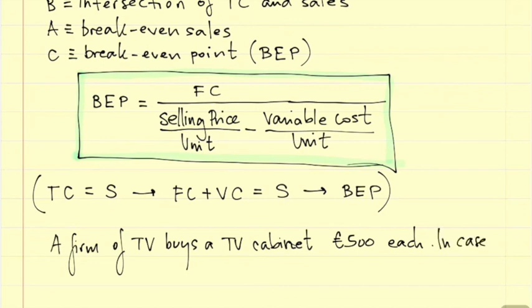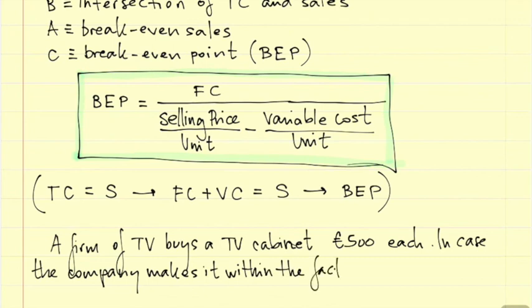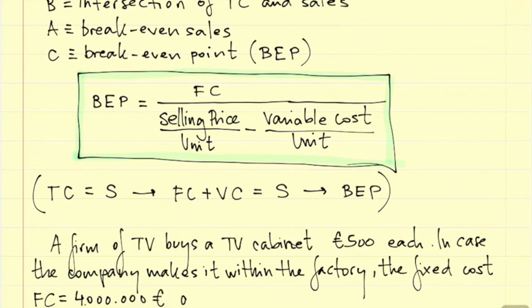In case the company makes it within the factory, the fixed cost would be 4 million euro, and the variable cost would be 300 euro per unit. Should we make or buy?